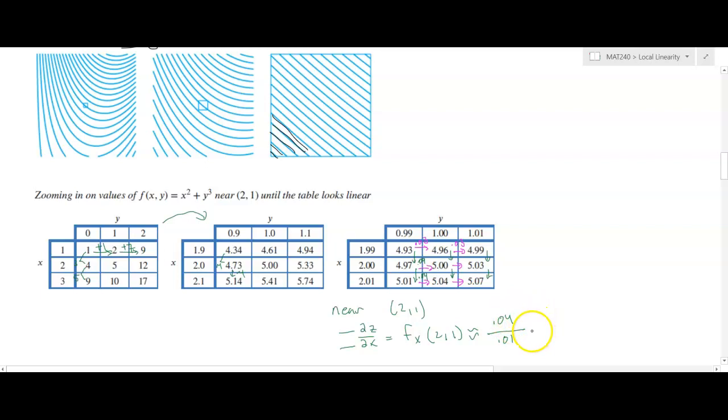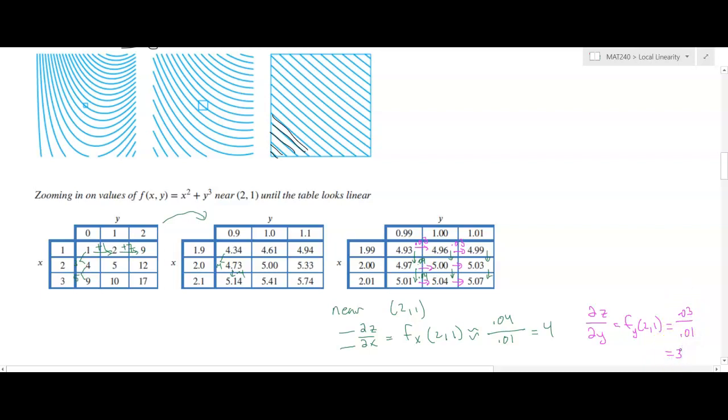And so that's a slope of 4. So every time x increases by 1 unit, we would estimate that z would increase by about 4, based on that local linearity approximation. Now, in the y direction, that's going to be f sub y at 2, 1, when we change y by 0.01, we get a z change of 0.03, which is a slope of 3.